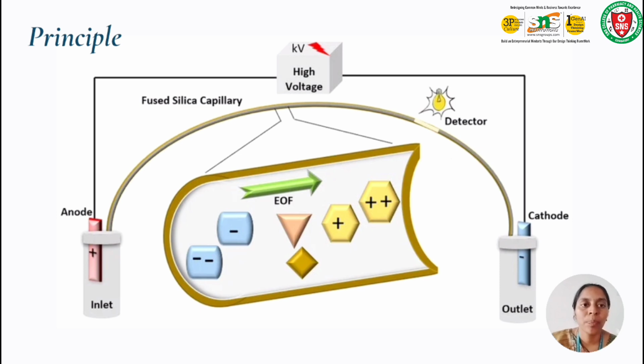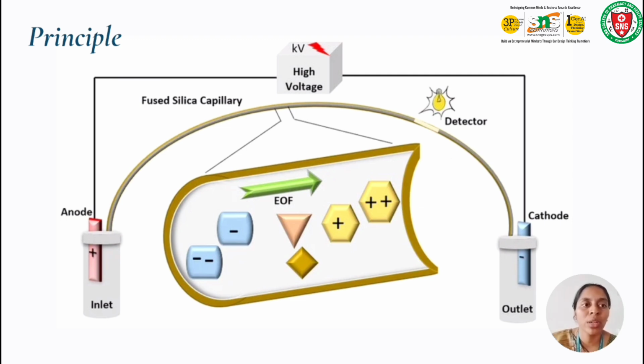You can see there are three types of ions present inside the capillary tube. Under the influence of higher voltage, you can see the positive ions are nearer to the cathode, which means the positive ions are moving at a faster rate, because at the other end we have a cathode.